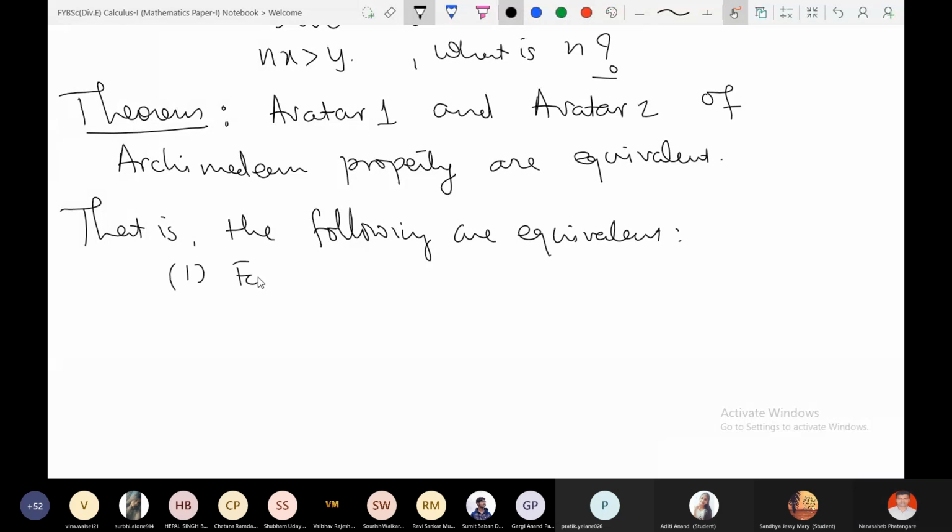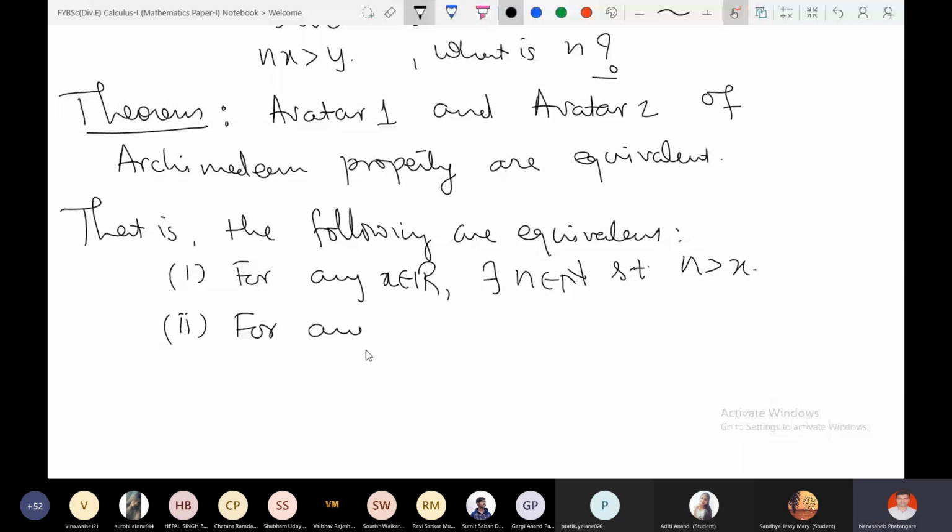First, for any x belongs to R, there exists a natural number n such that n is greater than x. And second, for any x, y belongs to R with x positive, there exists a natural number n such that nx is greater than y. So these two are equivalent.